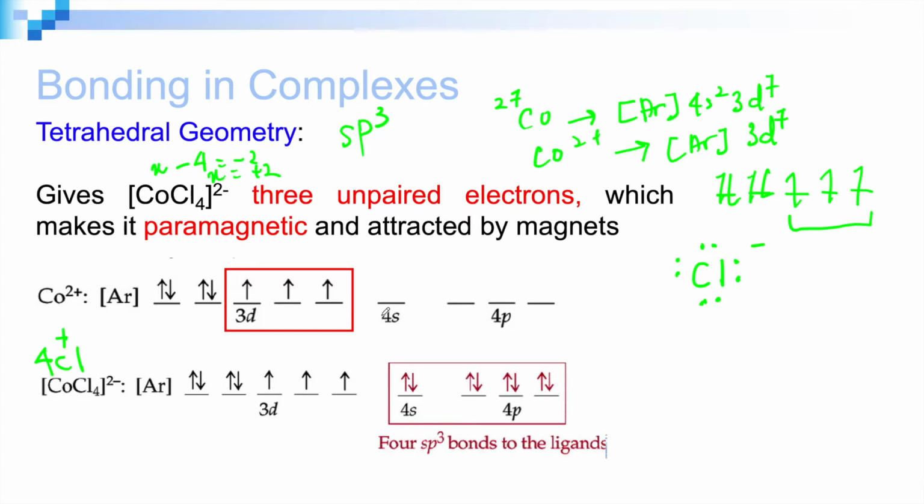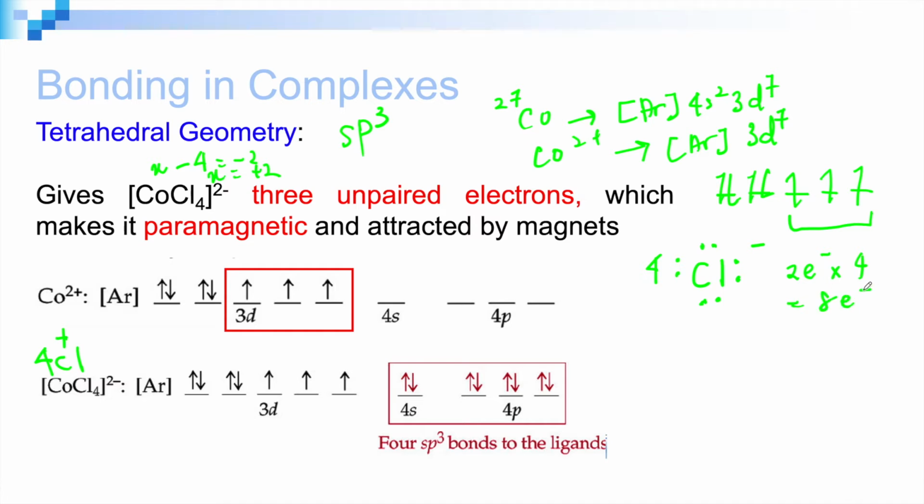So what happened here? After the 3d, followed by 4s and 4p, each of these will give you 2 electrons. If we have 4, it will give you 8 electrons.